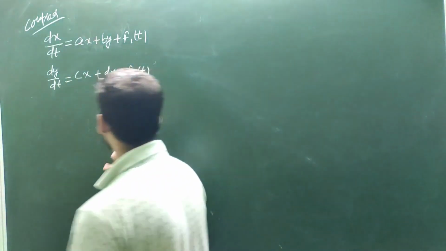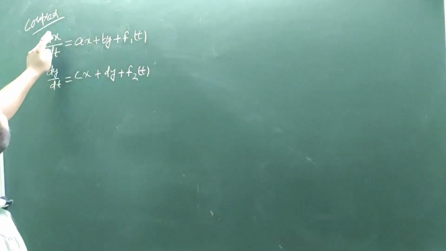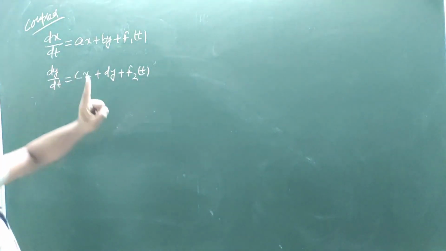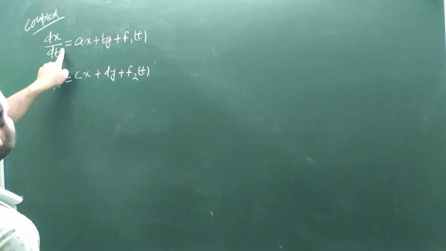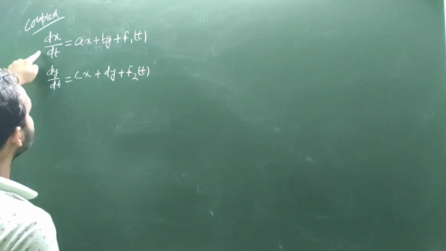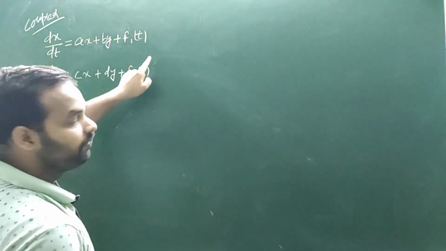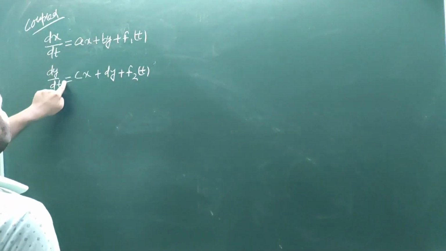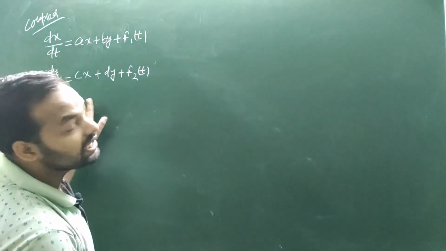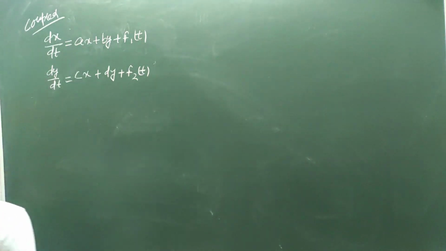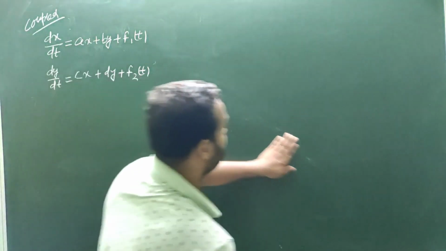But here we have two dependent variables, x and y, and one independent variable, t. The rate of change of x depends on x and y, and the rate of change of y also depends on x and y. So how do we solve this kind of differential equations?